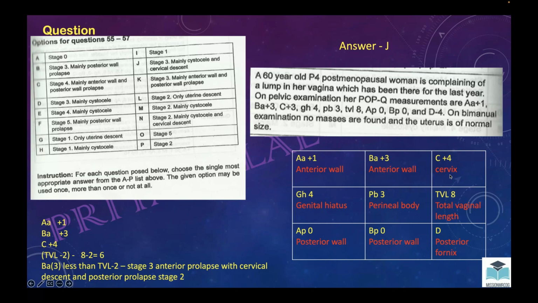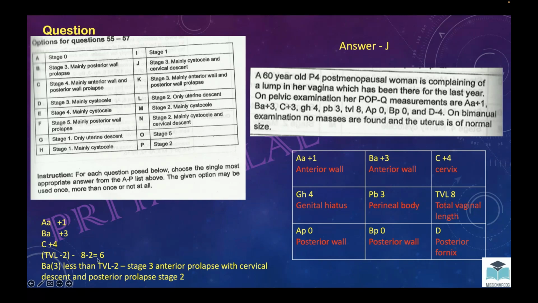Where is the confusion? I was thinking about the stage. According to A plus 1 and BA plus 3, it's stage 3, but I was confused about C, cervix plus 4. If you consider TVL minus 2, it will again be less than 6 only, so it will come stage 3 only because it is less than 6.